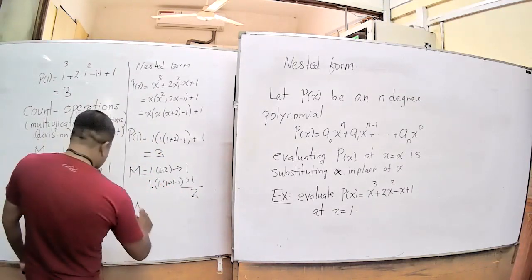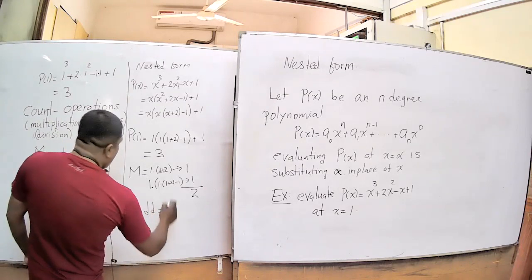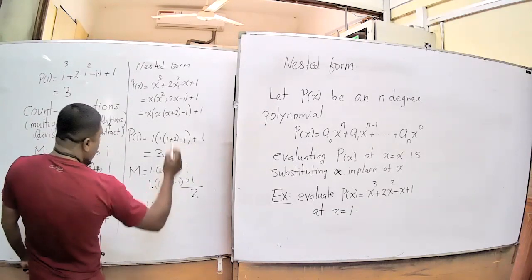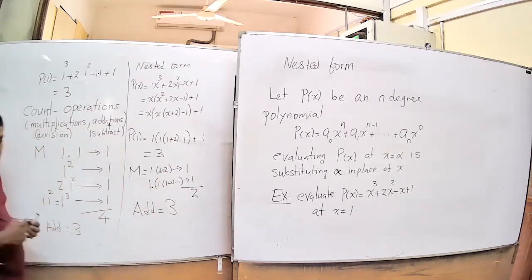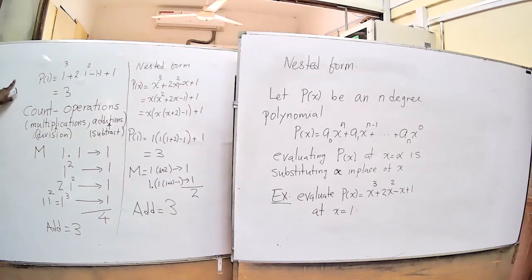Additions, you can see 1, 2, 3 additions. So if you compare both ways, you calculated the same thing. You evaluate the polynomial at 1.